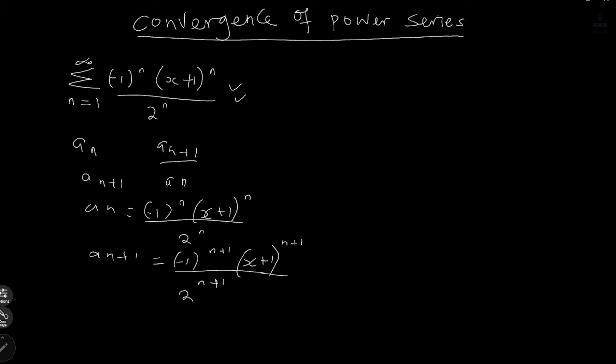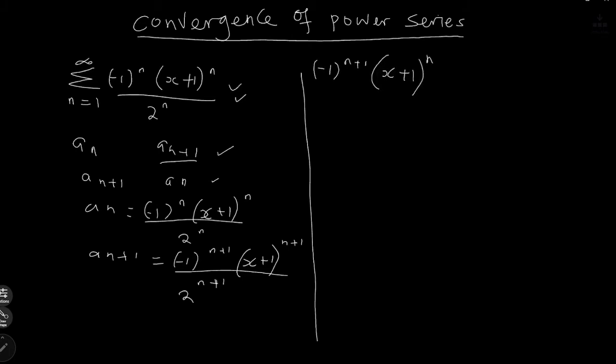For our ratio test, we take a_(n+1) divided by a_n. Proceeding, our a_(n+1) is negative 1 raised to n plus 1 multiplied by x plus 1 raised to n plus 1, divided by 2 to the n plus 1, then divided by a_n.